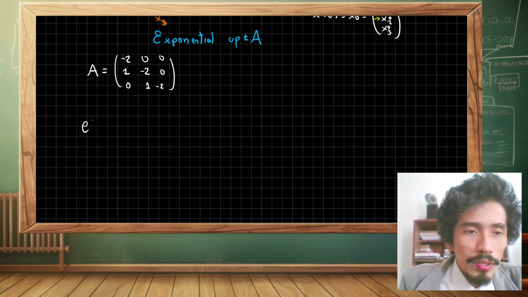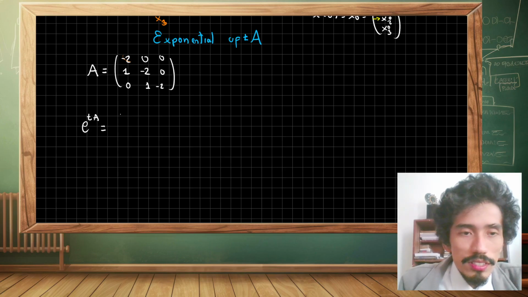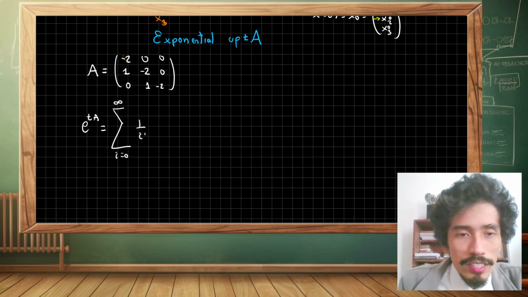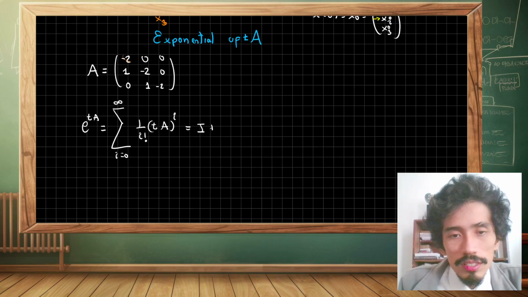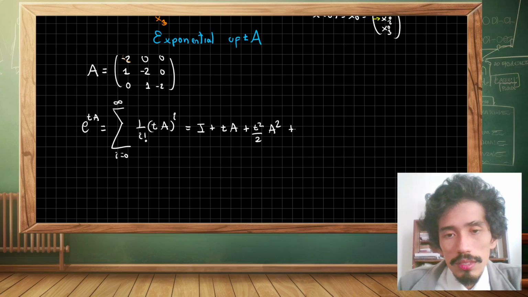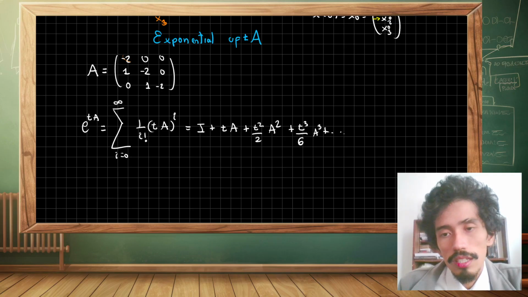So you want to calculate this exponentiation, which is by definition equal to the series. It's an infinite sum, which the first terms are the following: plus t squared divided by 2, A squared, plus t cubed divided by 6, A cubed, and so on.